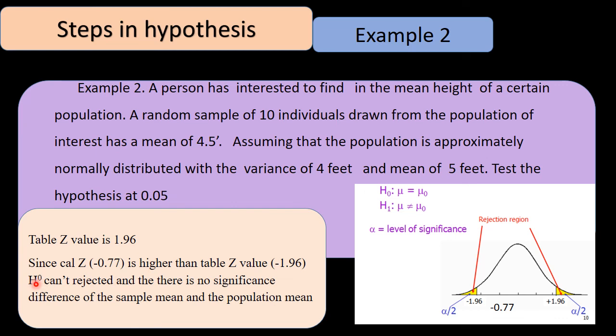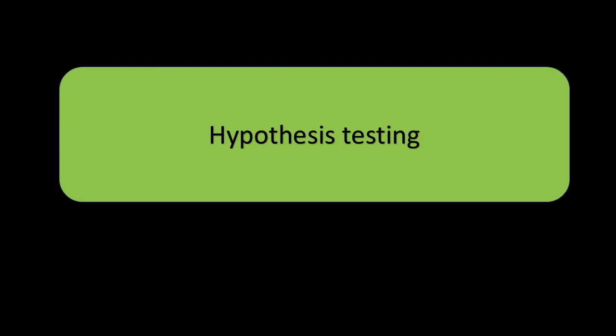Therefore, it is very difficult to reject the null hypothesis H0, because the Z test value is in the null hypothesis acceptance area. Therefore we fail to reject the null hypothesis. That means there is no significant difference between the sample mean and the population mean. That is the answer for this particular sum.